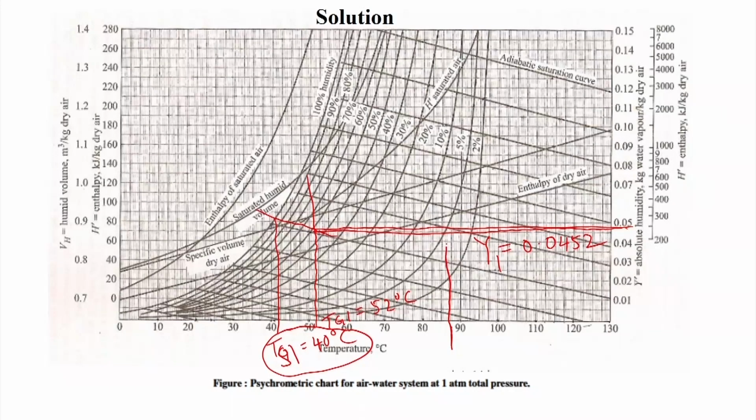So, if we have Tg2 equal to 87.5 degree Celsius, and Ts1 actually we have this 40 degree Celsius, and say what will be the Ys.